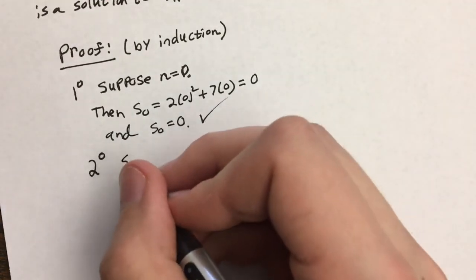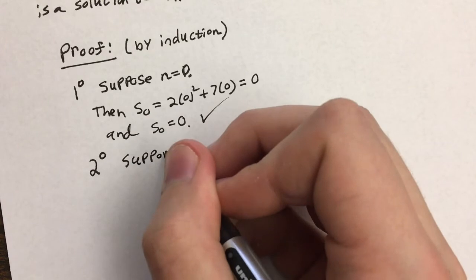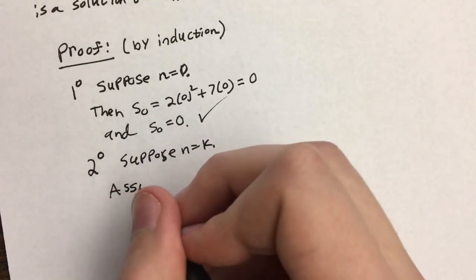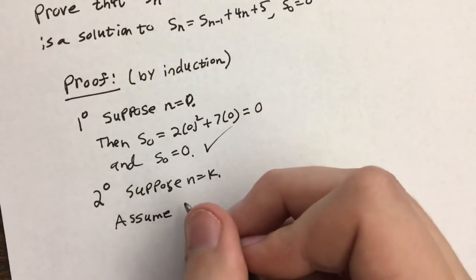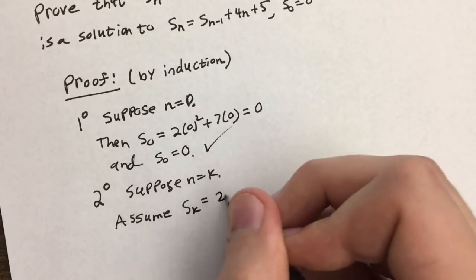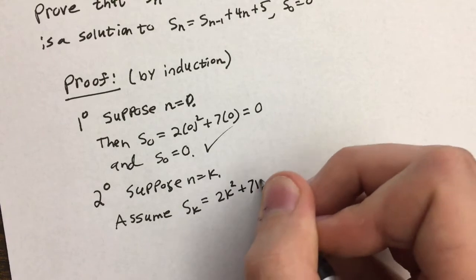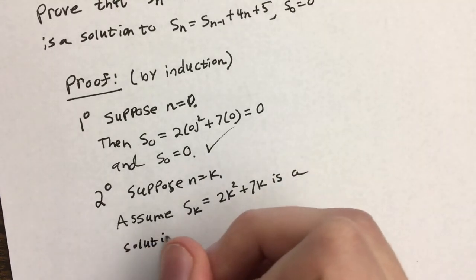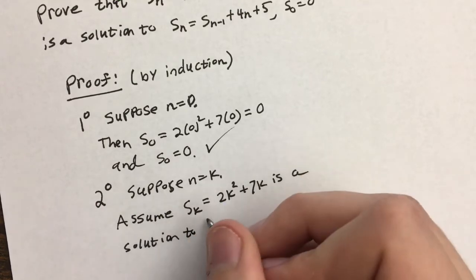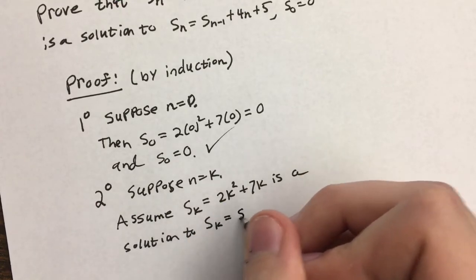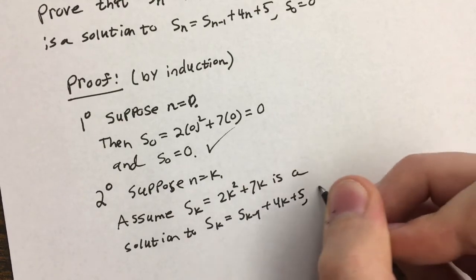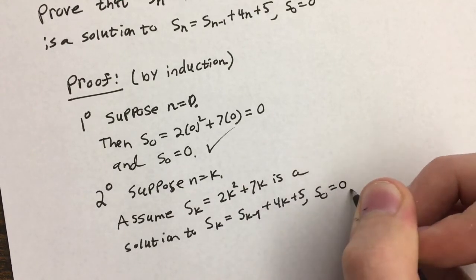Now this second case, or the second step, is the main part of the proof, right? We're going to suppose n equals k, and assume, right, that it's true that s sub k equals 2k squared plus 7k is a solution to s sub k equals s sub k minus 1 plus 4k plus 5, given the initial condition s sub 0 equals 0.